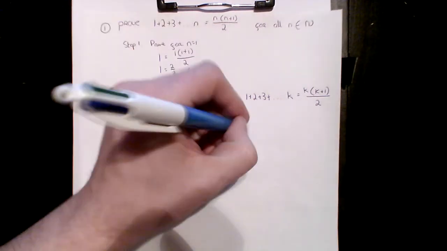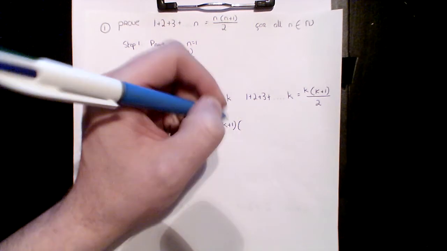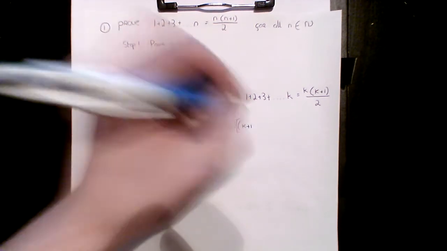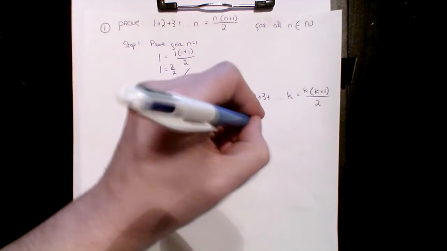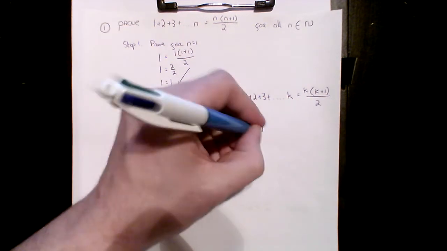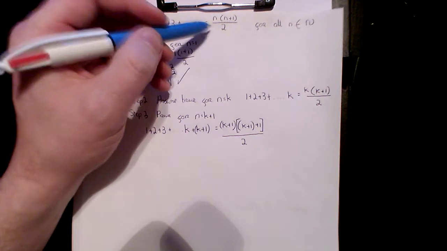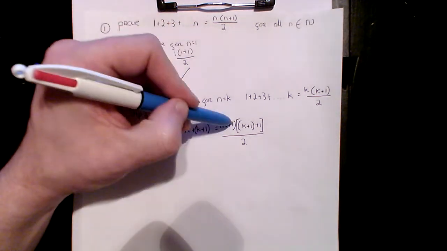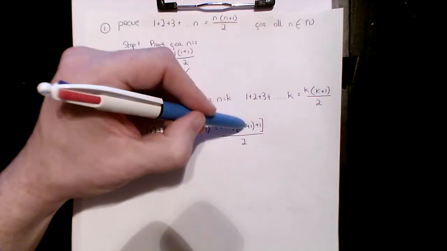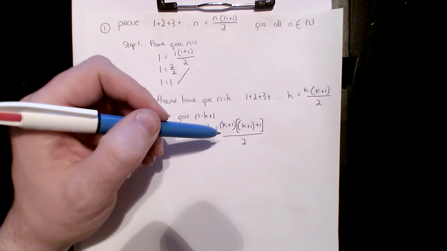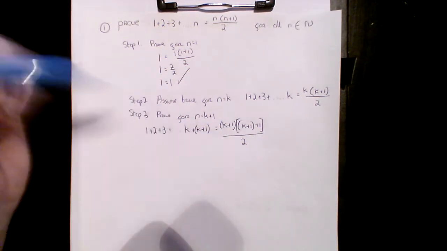So k plus 1, and then k plus 1, put a different bracket around that, plus 1 all over 2. Let's just see what I'm after doing there. Where the n is, there's a k plus 1, and there's also a 1. I just put these extra brackets around it to keep it a bit neater, all over 2.